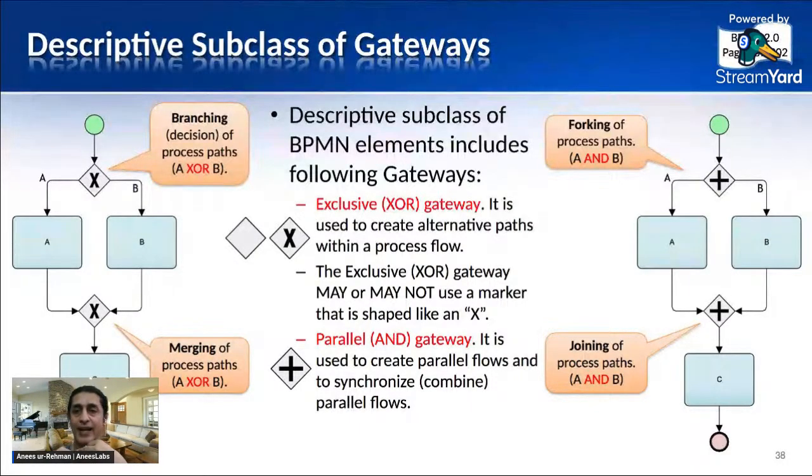With an AND gateway or parallel gateway, it is the same process: if it's a parallel gateway at initialization, then when we merge, combine or synchronize, we use a parallel gateway as the merging or combining gateway.